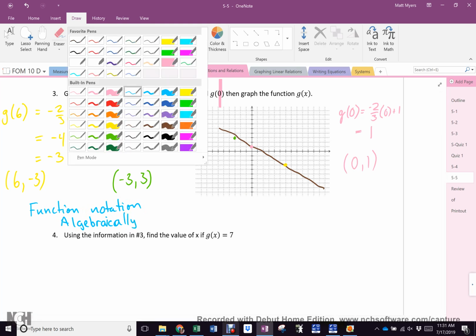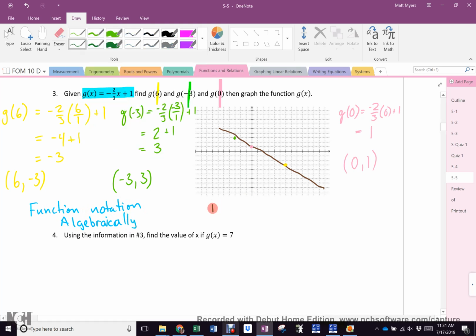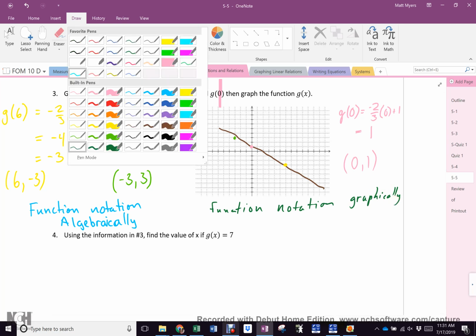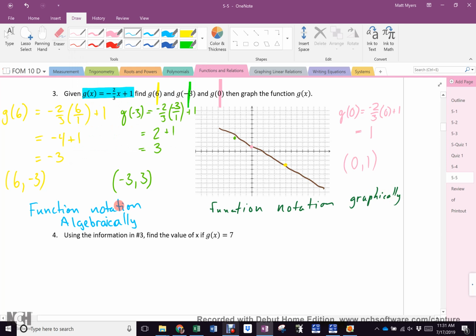This over here is function notation graphically. You have to be able to do both. Okay? So, let's do the algebra one first.